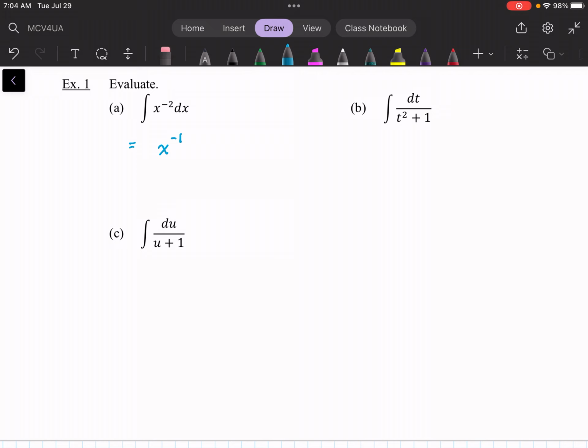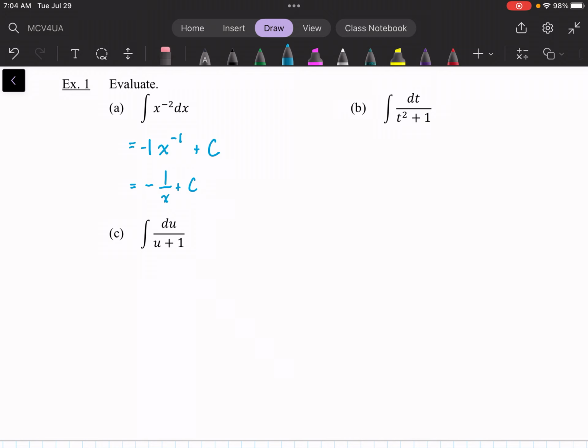But that derivative comes with a negative 1 multiplier, so you have to put a negative 1 in front to get rid of that negative. And then add c. Don't forget to add c every time. Usually from here, you just simplify. So this will be negative 1 over x plus c.